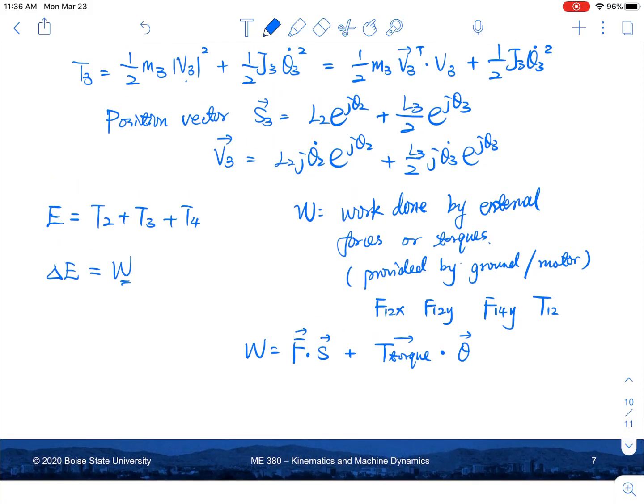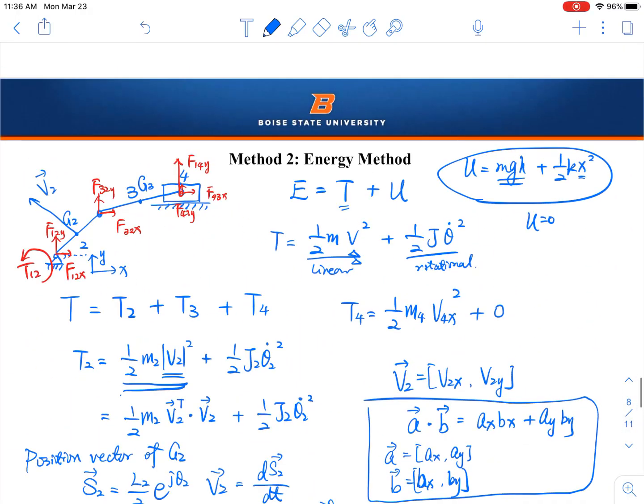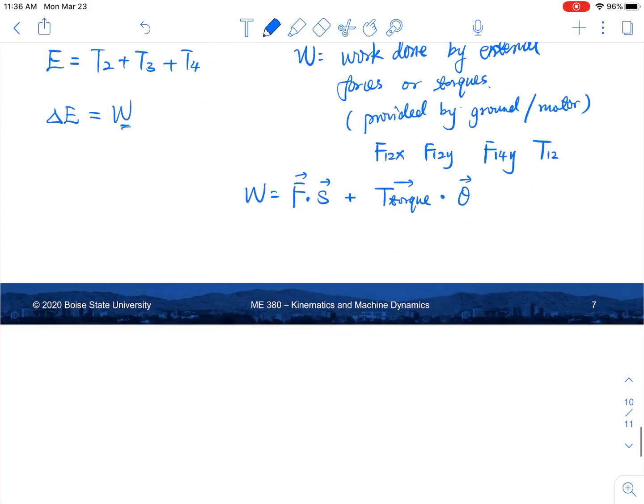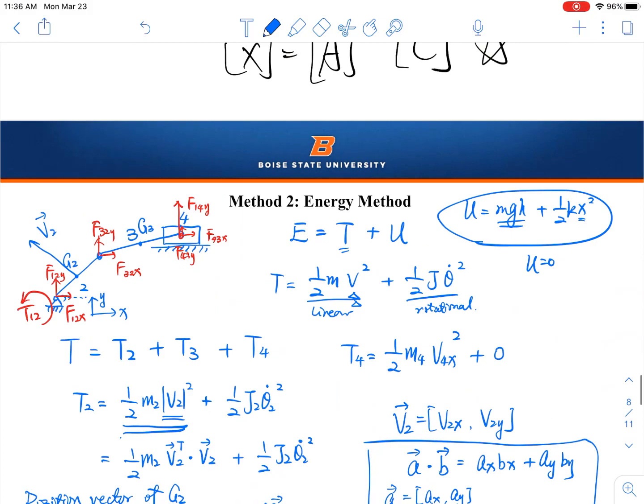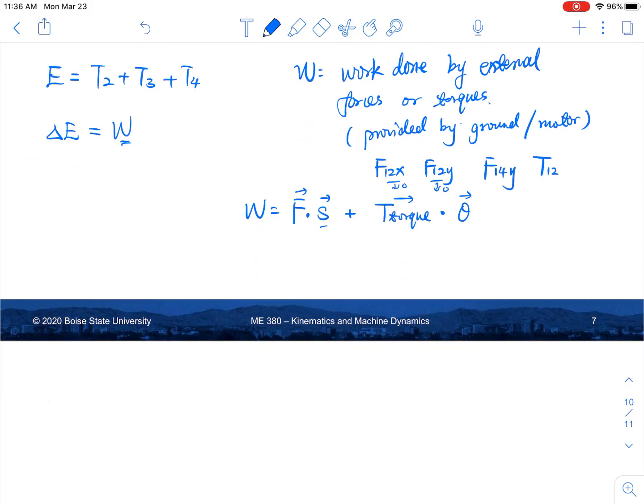F12x, F12y: this point is fixed to the ground, so it's not moving at all. That means for these two forces there is no displacement, so they generate zero work. And F14y is always vertical, but your displacement is always horizontal. So this force doesn't generate any work either.